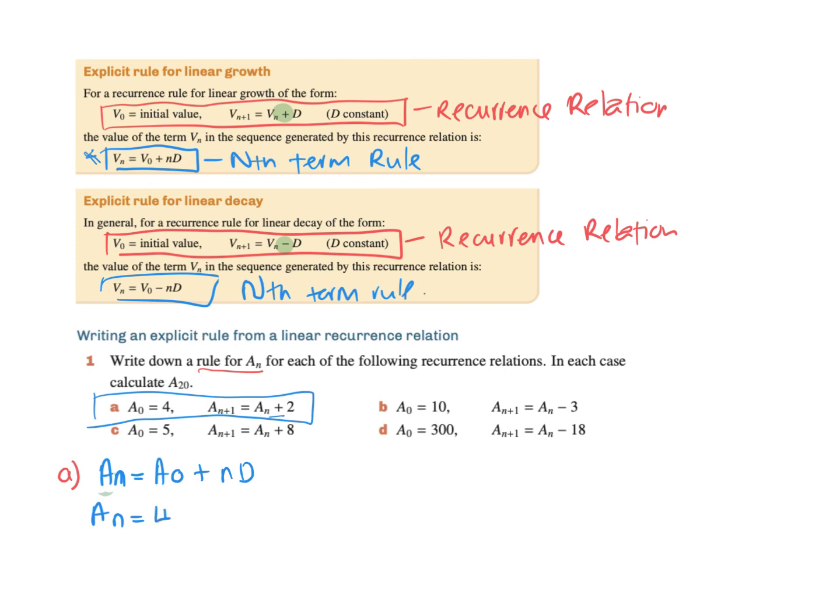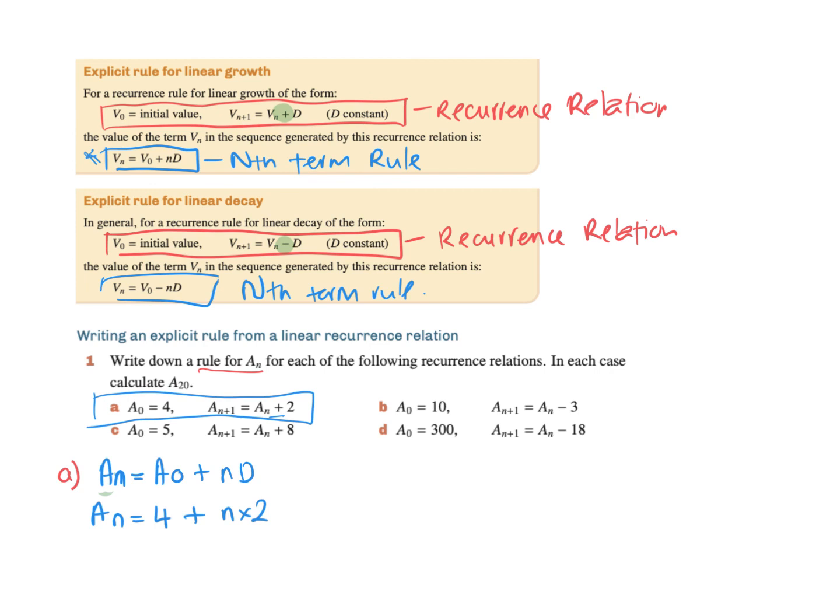So I put 4 in the formula, plus n times, and what's the D up there? What are they adding every time? 2. So this is a formula to get the value of this scenario at any time.